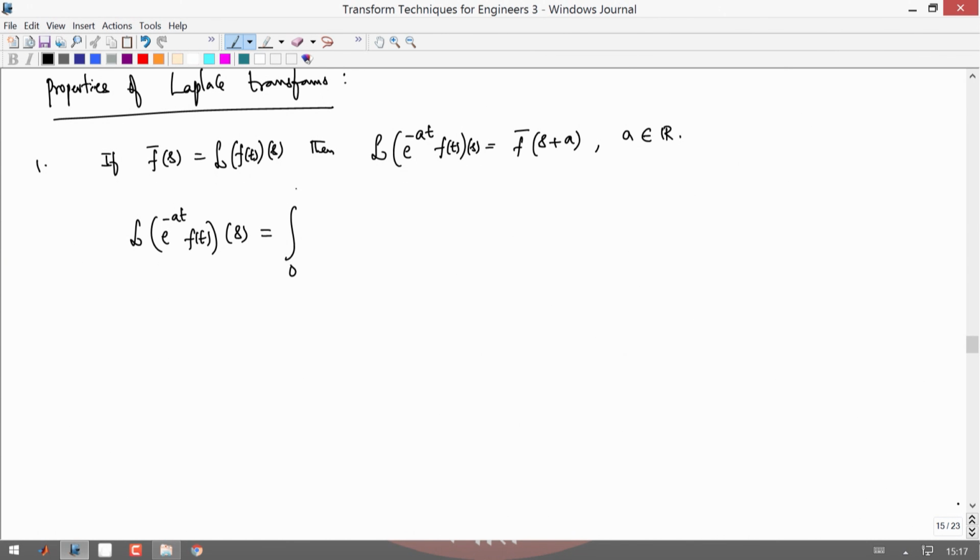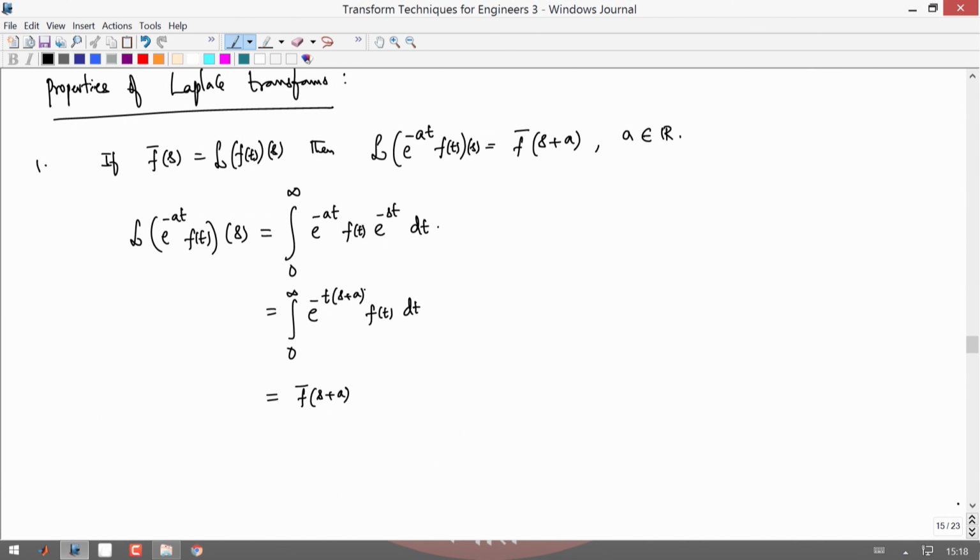By definition we can write the integral from 0 to infinity of e power minus a t f of t e power minus s t dt. You can combine these two to write the integral from 0 to infinity of e power minus t times s plus a into f of t dt. This is clearly the Laplace transform of f at s plus a. It is as simple as this.